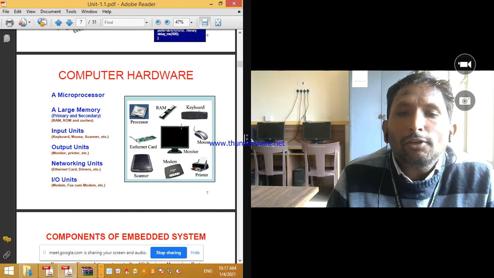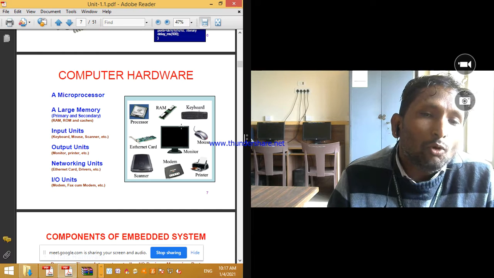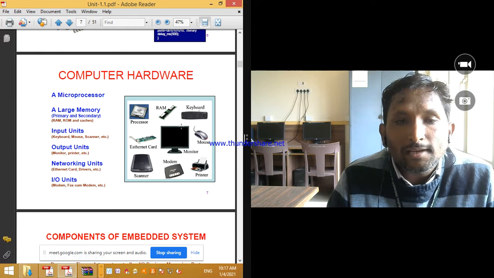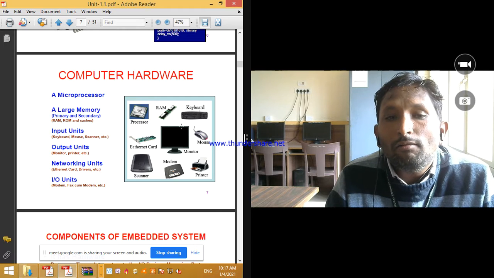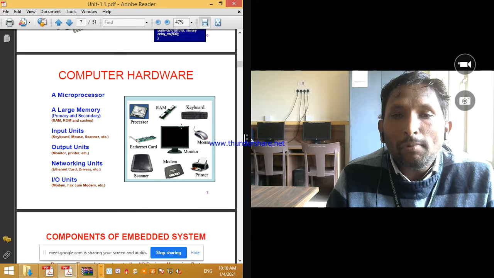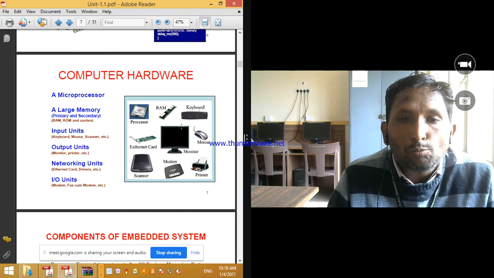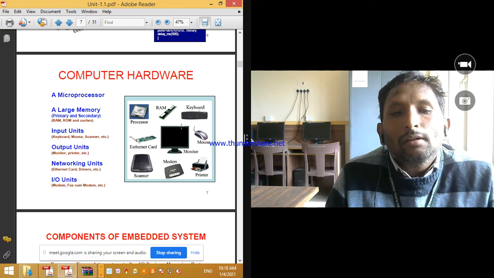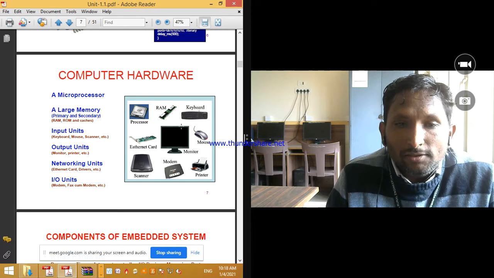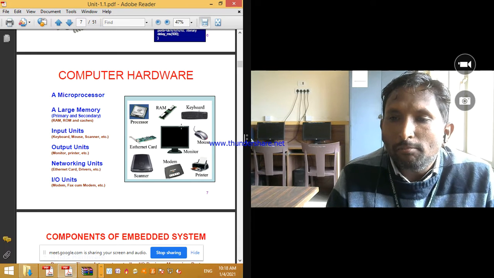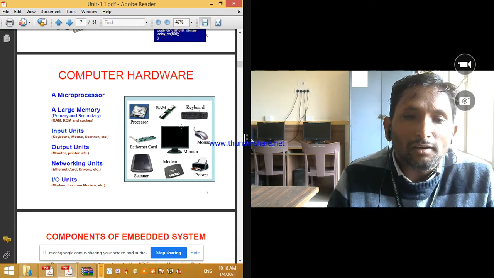Then the next part which you can easily see over here, input units. Keyboard, mouse, scanners, etc. are the input units required as a hardware part to execute the embedded system for the required output. The output units: monitor, printers, right? The network units over here you can see. To execute the embedded system, they are very important.